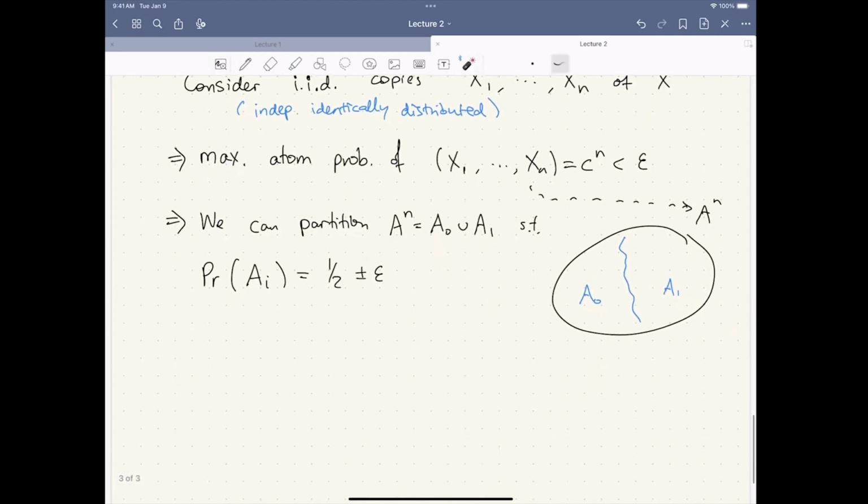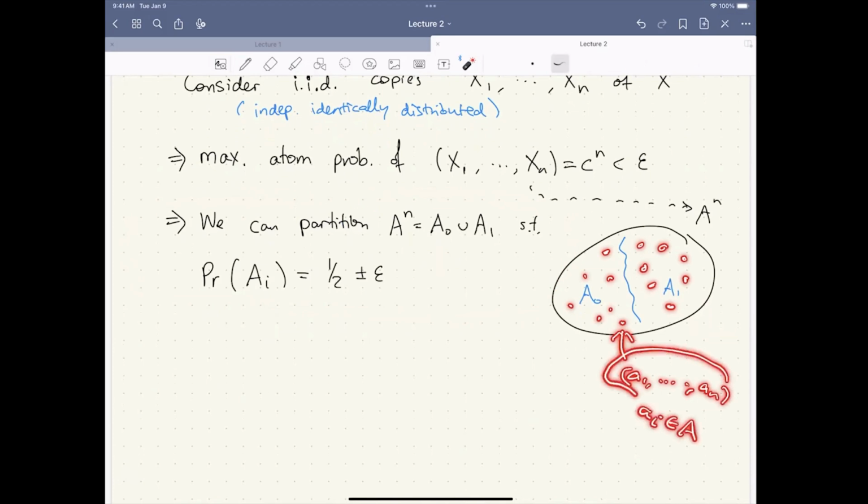Is this clear? So what I just wrote down is that each little guy inside here, each one of these dots is like a1 to an, right? Each ai is in A. Each one of these is an event which happens with probability at most C to the n.